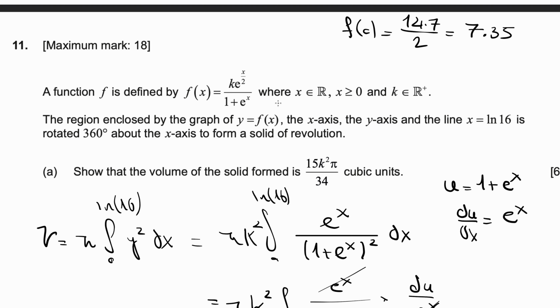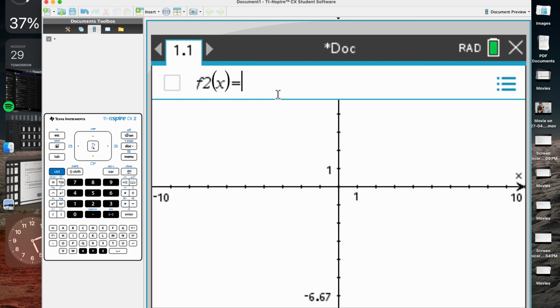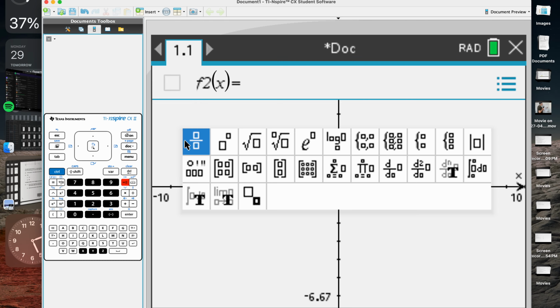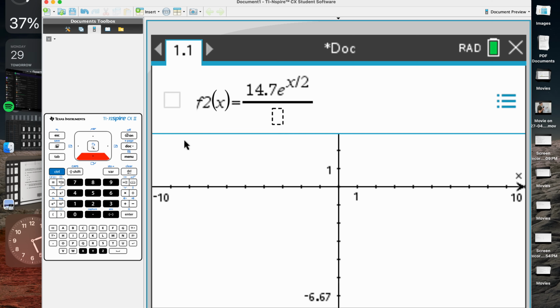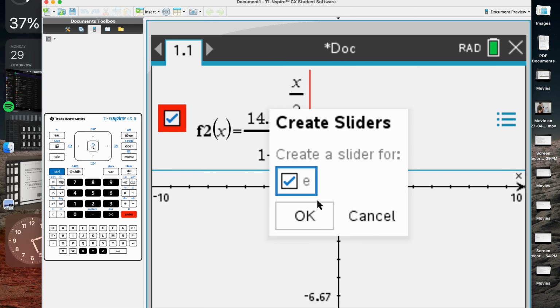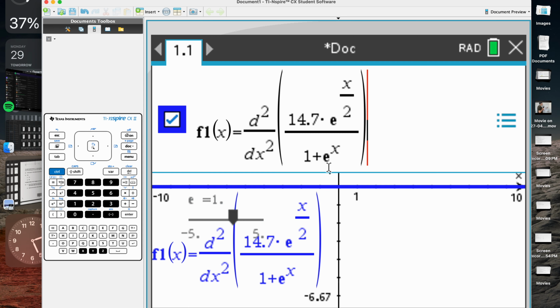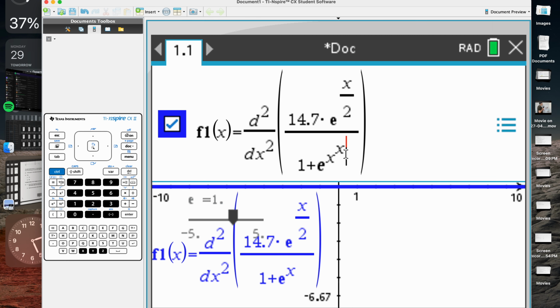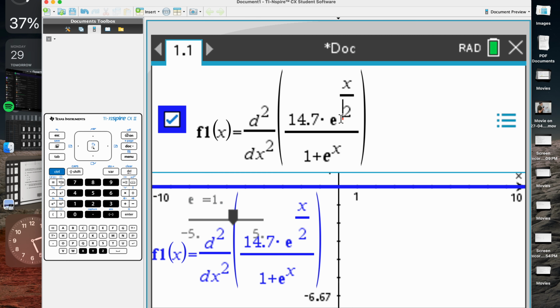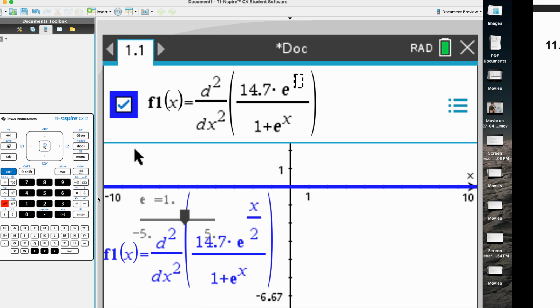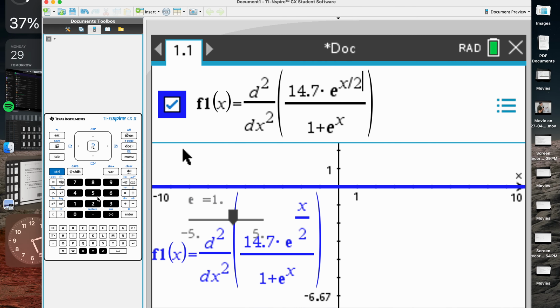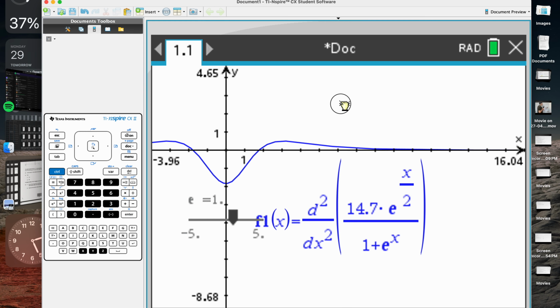Or did I make a mistake? Anyways, let's write the function first, and then we can take the derivative easily. So 14.7 e to the power of x over 2, 1 plus e to the power of x. Okay, I see where I made a mistake. This is Euler's number, right?